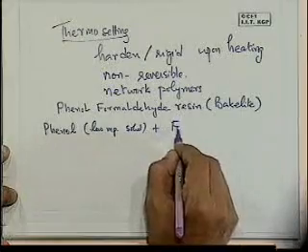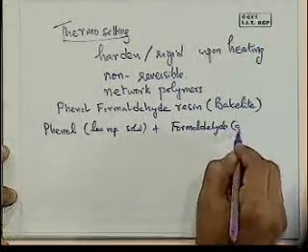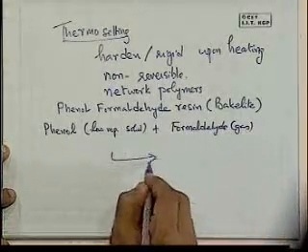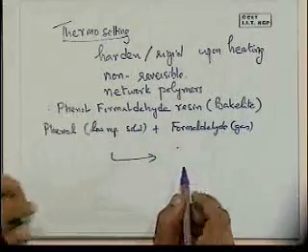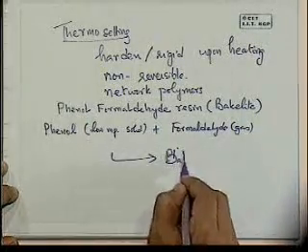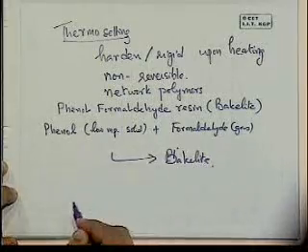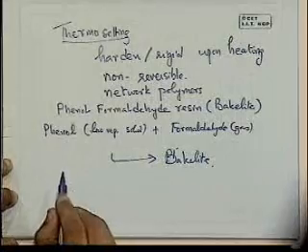And we add formaldehyde, which is a gas. And what we produce is this polymer, phenol formaldehyde. I will come to the details of it in a second. But this is the basic bakelite. When you heat it up, it hardens. Okay.